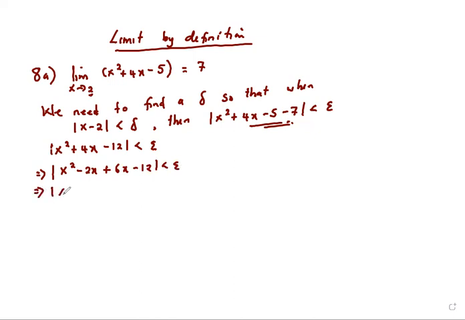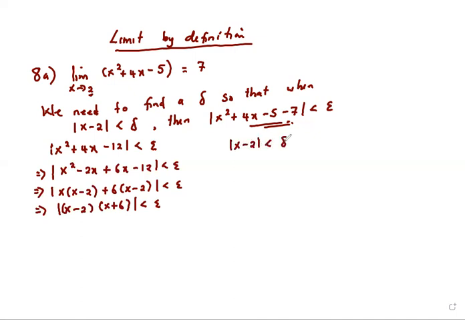So this will be x minus 2 plus 6 times x minus 2 is less than epsilon. So that we get x minus 2 times x plus 6 is less than epsilon.